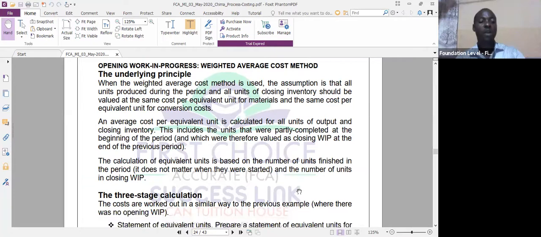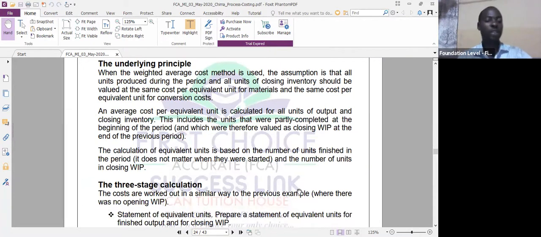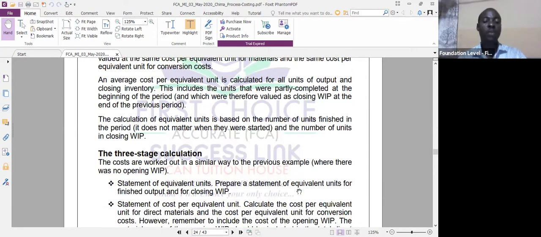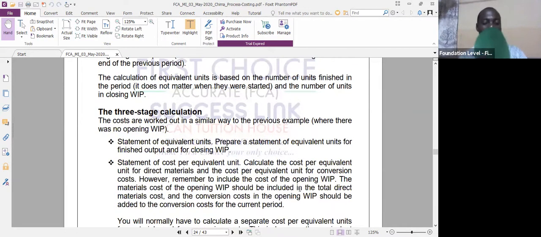All right, let's look at the 3-stage calculation that we need to follow when we are doing work in progress in the weighted average method. The costs are worked out in a similar way to what we did when there was no opening stock.